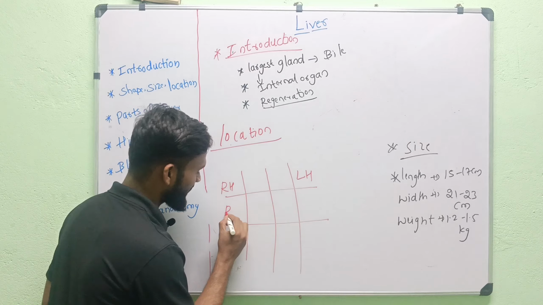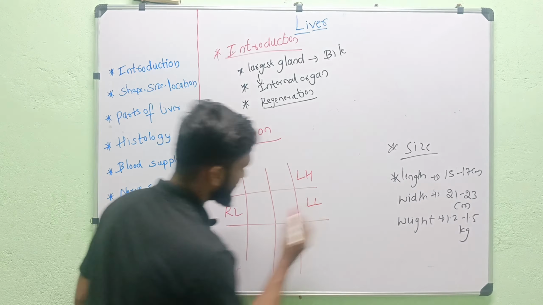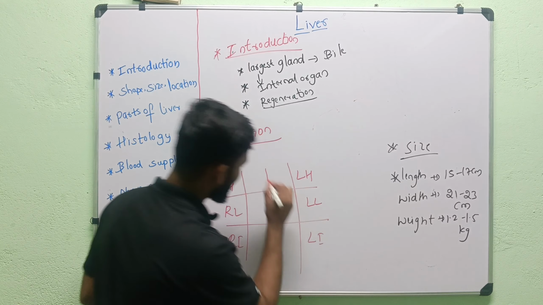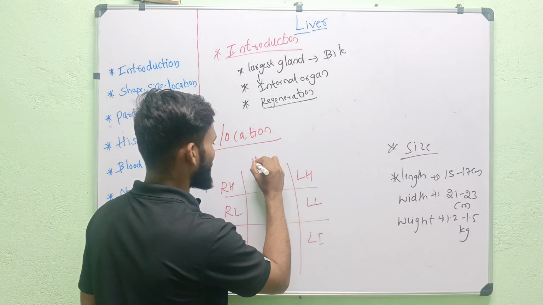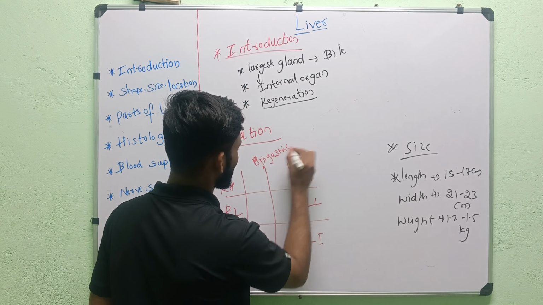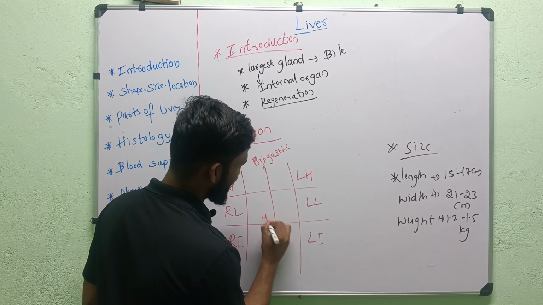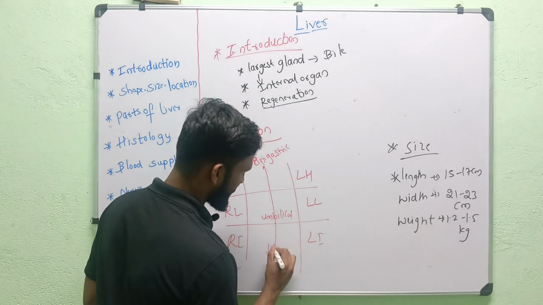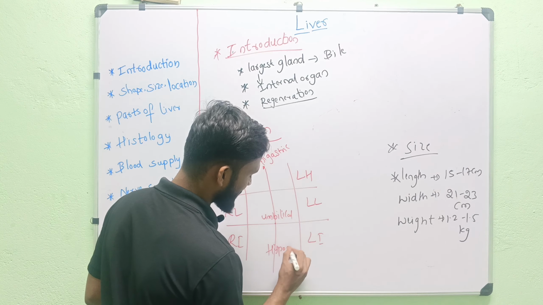This is a right lumbar, it is a left lumbar, it is a right iliac, then left iliac. This part is known as epigastrium, the epigastric part, and this area is known as umbilical part, and this part is known as hypogastric part.